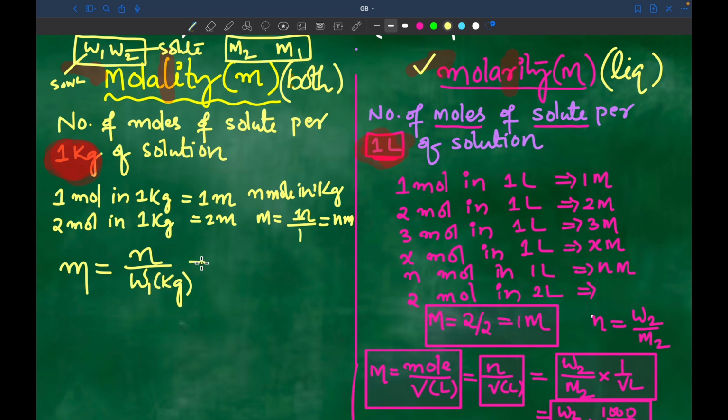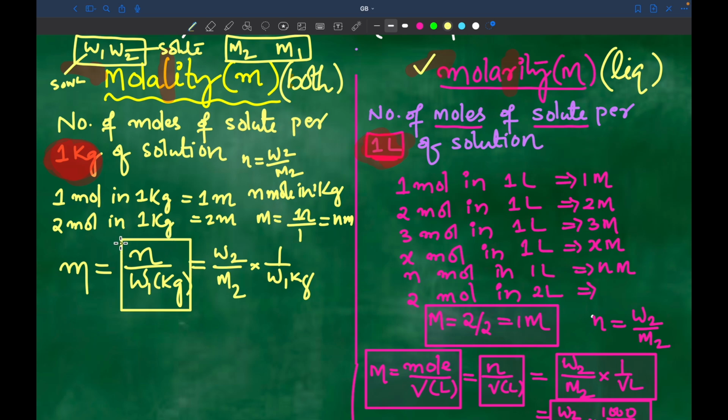So we can expand this, which equals, again we can take W2 by M2, which is the number of moles, n equals W2 by M2. That is the formula, into 1 by W1 in kilograms, right? You can also convert this into grams.